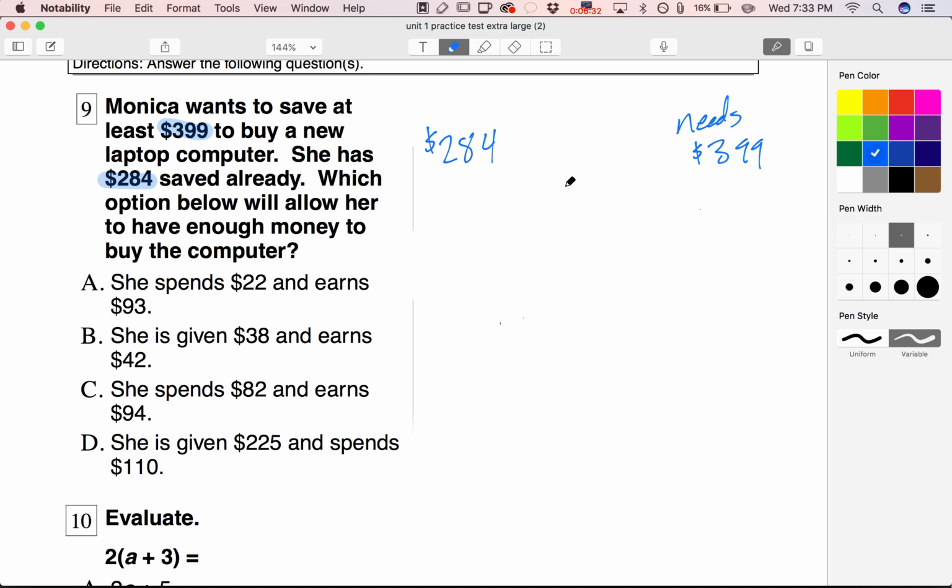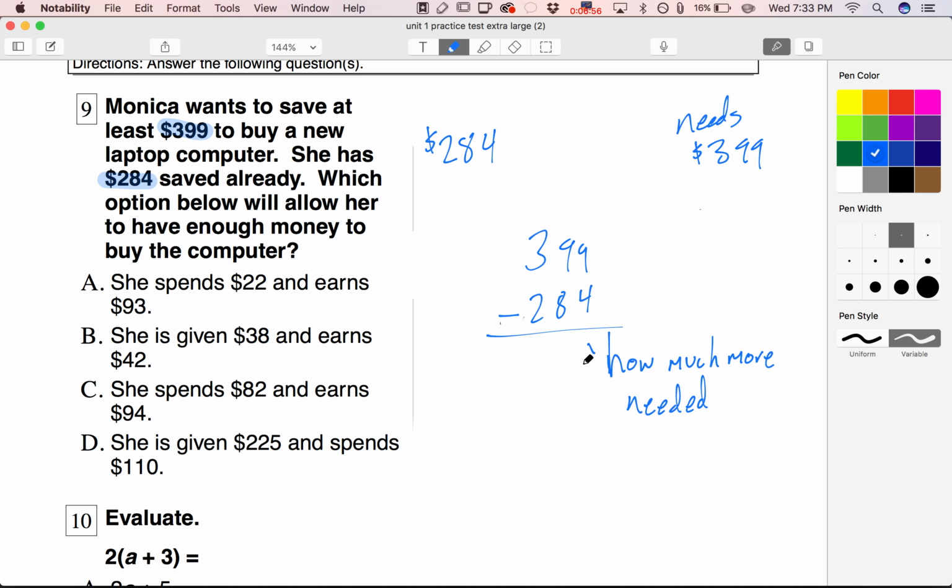How much more money does she need? So without even looking at this, let's see how much money she would need. So $399, $284. Do you think I'm going to add it or subtract it to find out how much more she needs? How much more needed? So this should be subtraction.